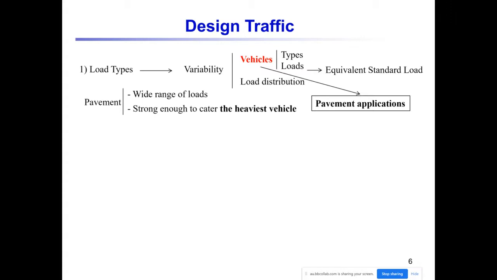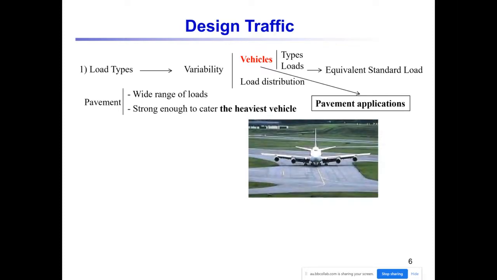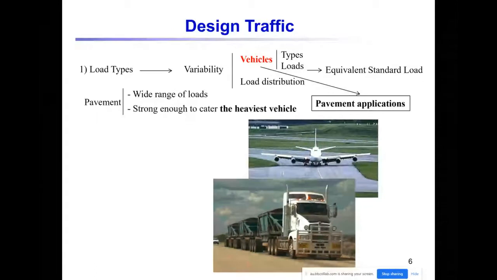So as a geotechnical engineer, as a pavement engineer, or as a civil engineer, when you want to design a pavement, you need to know what is the heaviest vehicle. You need to predict what is the heaviest vehicle. For example, for an airfield, the heaviest vehicle depends on the type of the plane using that airfield.